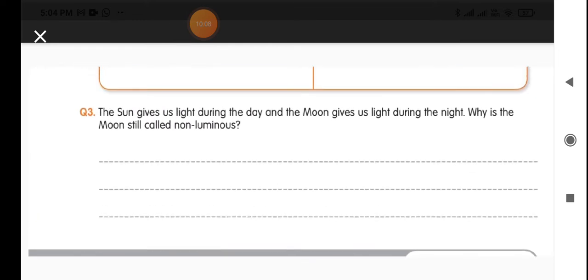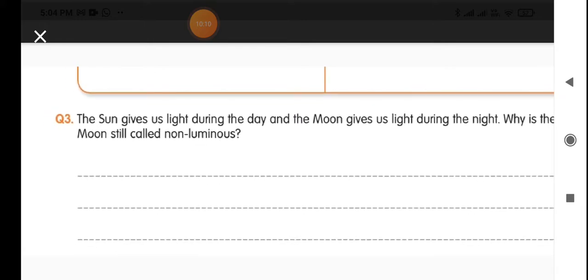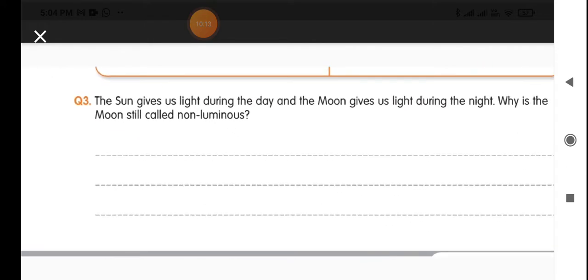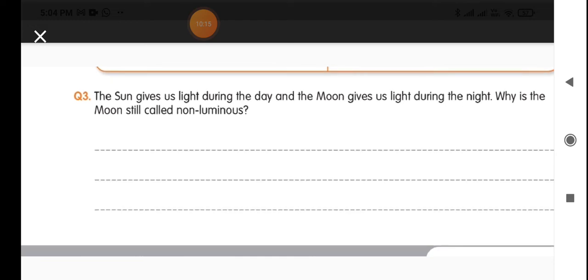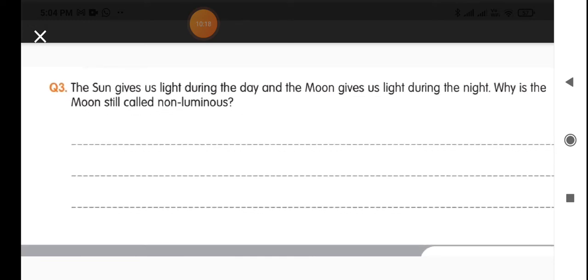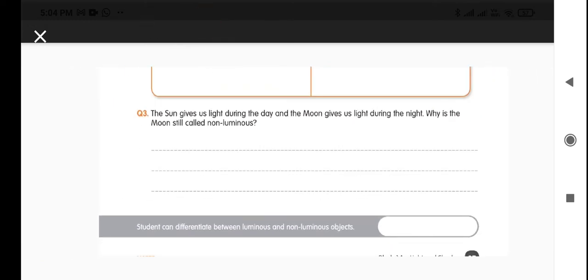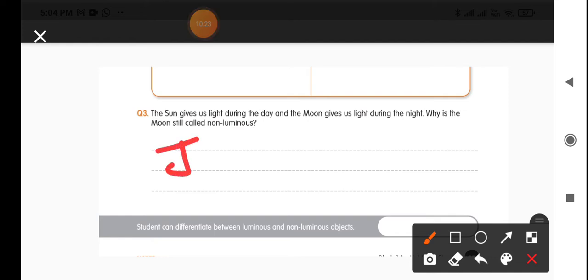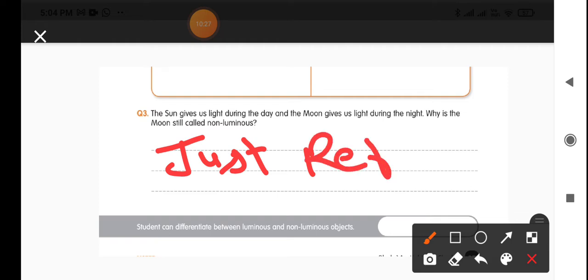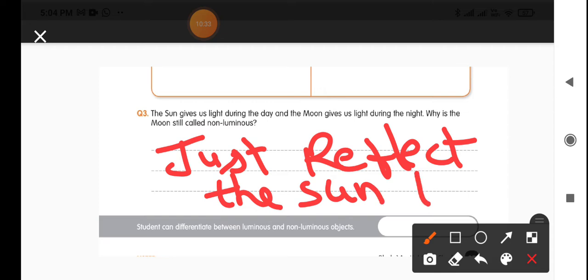Now see the third question. The sun gives us light during the day and the moon gives us light during the night. Why is the moon still called non-luminous? Because the moon is just reflecting the sunlight. It is taking the light from the sun and just bouncing it back.